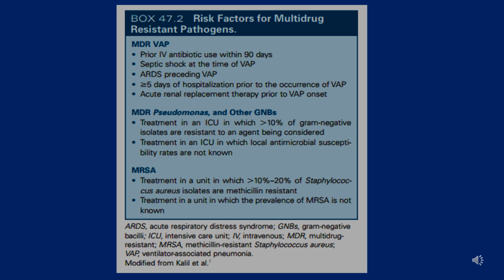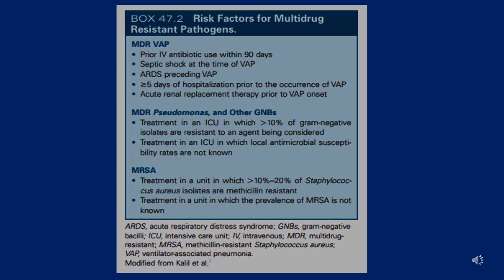Septic shock at the time of ventilator-associated pneumonia. 3. ARDS preceding ventilator-associated pneumonia. 4. Equal to or more than 5 days of hospitalization prior to the occurrence of ventilator-associated pneumonia. And 5. Acute renal replacement therapy prior to ventilator-associated pneumonia onset.